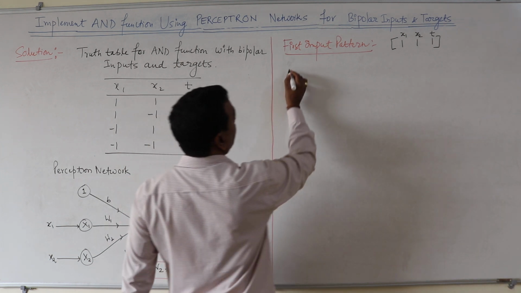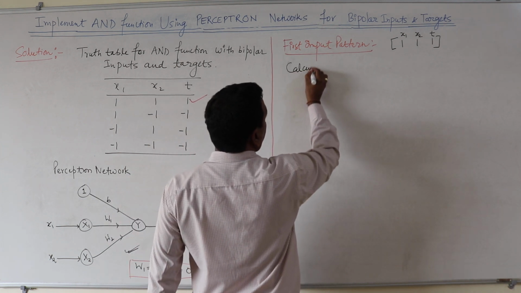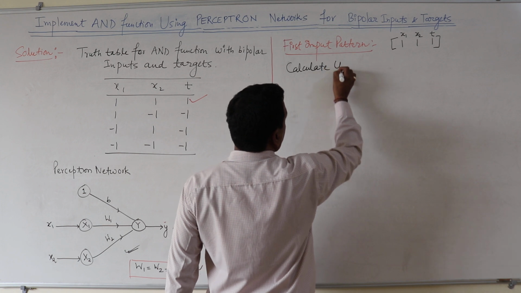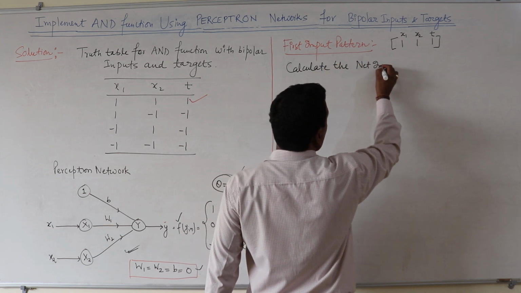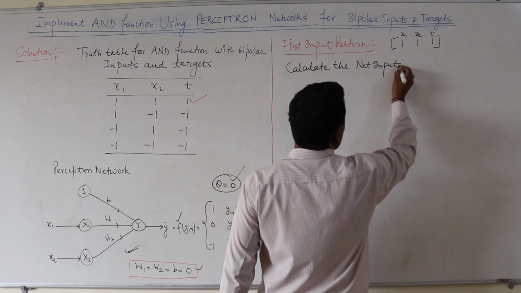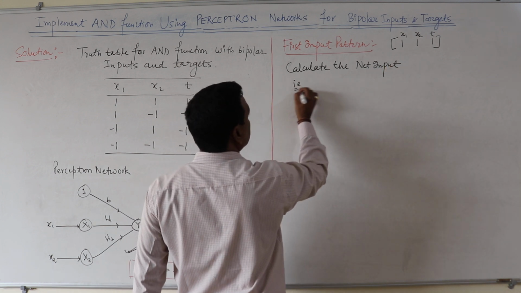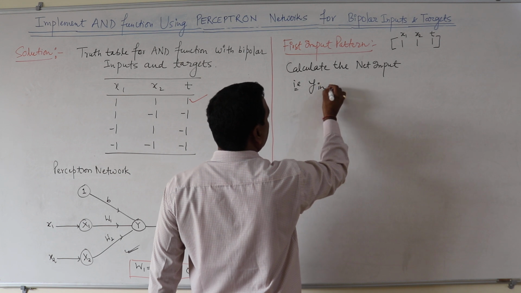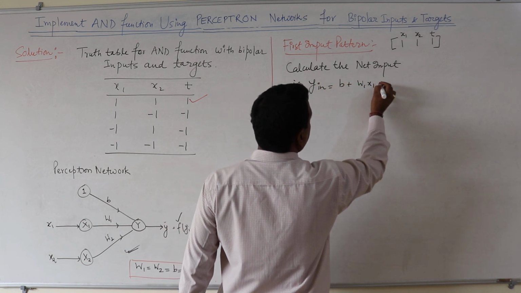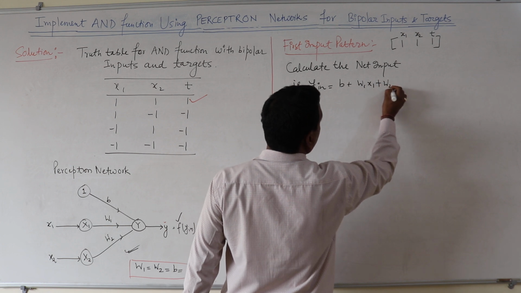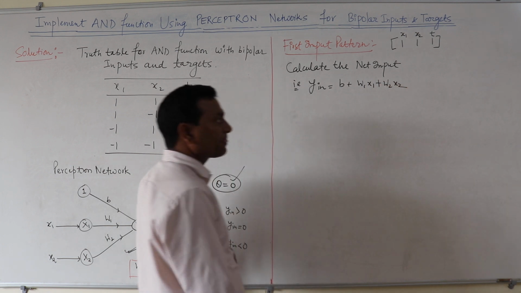Now calculate the net input, that is y in. This y in will be b plus w1 x1 plus w2 x2.